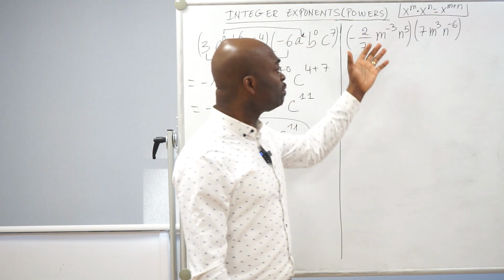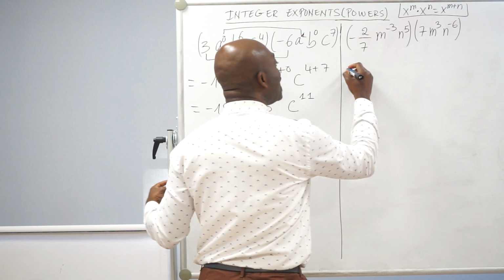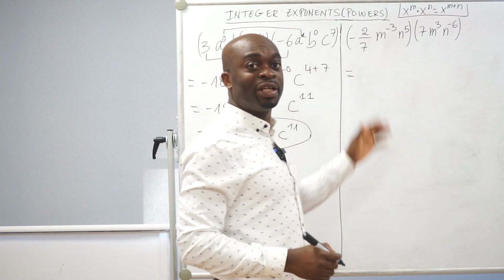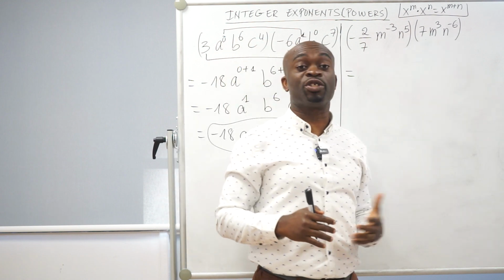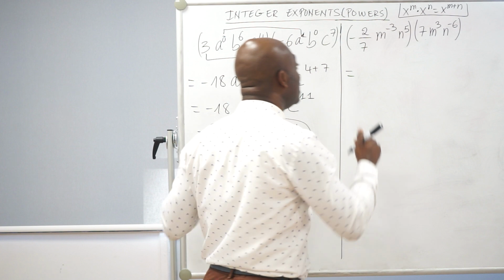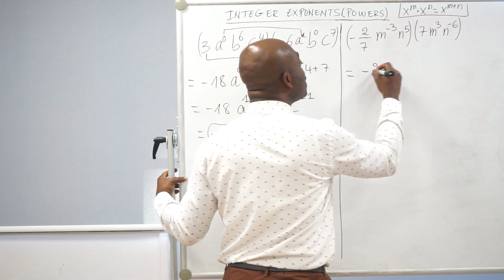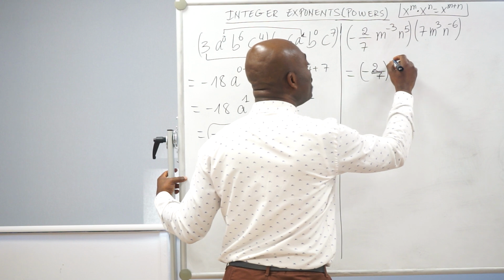So when we're multiplying them up, again here, we have to consider the like terms. Negative 2 over 7, which is a coefficient here, which is a fraction, times 7, which is also another coefficient. So they are like terms. So you multiply them also together. So it's negative 2 over 7 times positive 7.